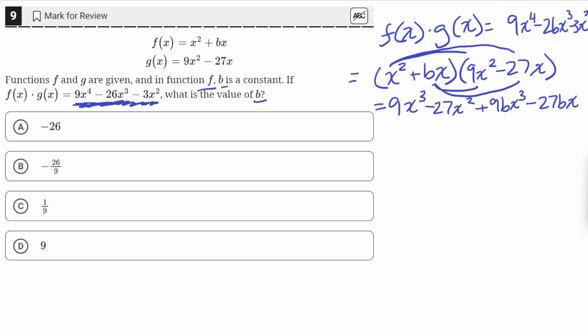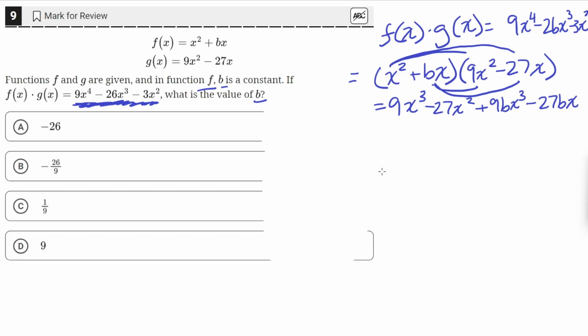So here, let's make a little bit more room for us on the left-hand side. So we're told that the product is equal to this quantity here. So 9x to the fourth minus 26x cubed minus 3x squared.